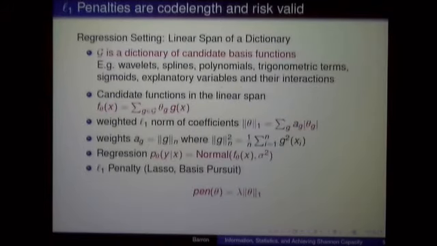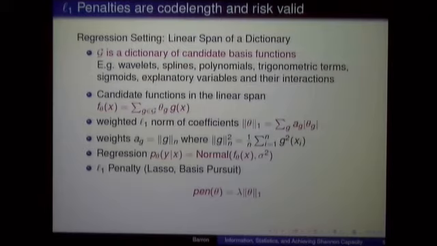So, for example, if you take regression or log density estimation problems where you have some basis expansion, your F's are linear combinations of some functions in some basis, and your penalty is the sum of the absolute values of the coefficients with some attention to the detail of what weights to give those coefficients.